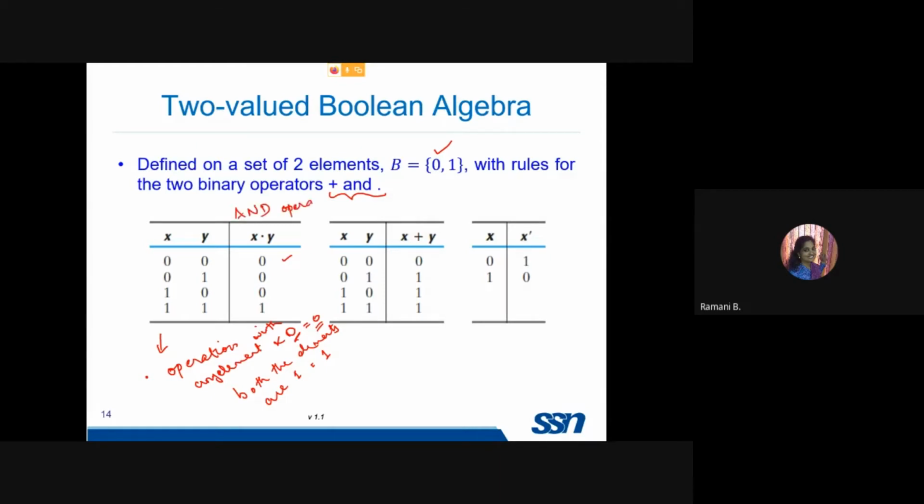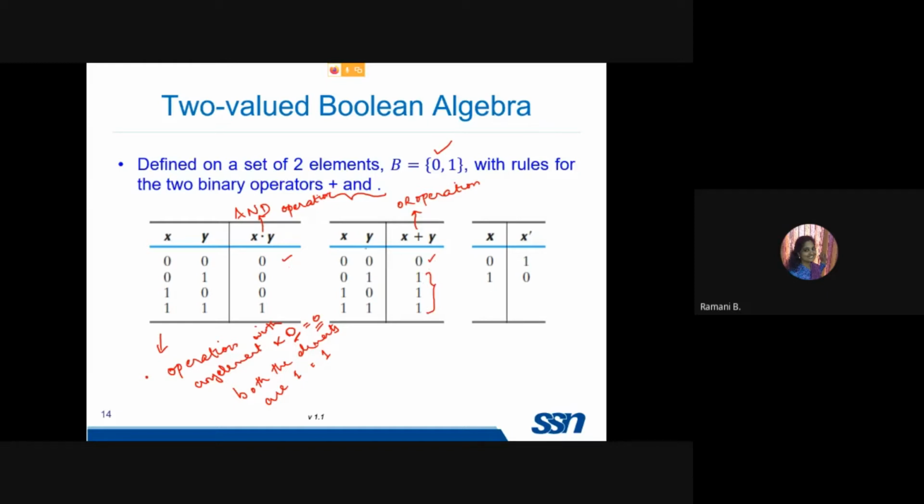We will see the logic gates maybe tomorrow, after that. So this dot operation is also called the AND operation, and this plus operation is also called the OR operation. Here, if any one of the elements is 1, the output of the function is 1. If both are 0, you have the output to be 0.